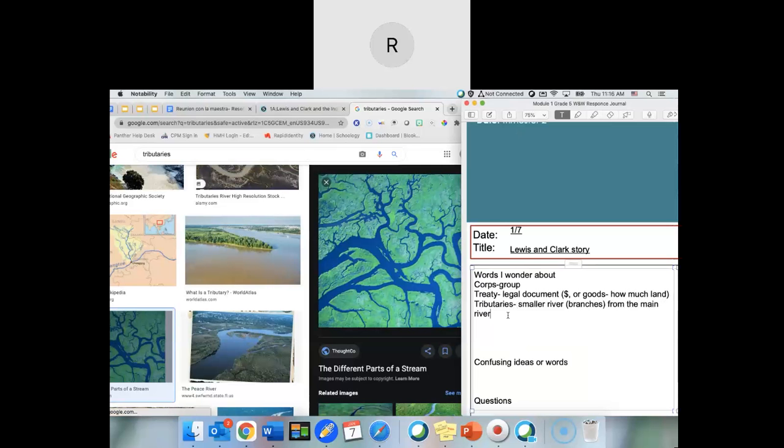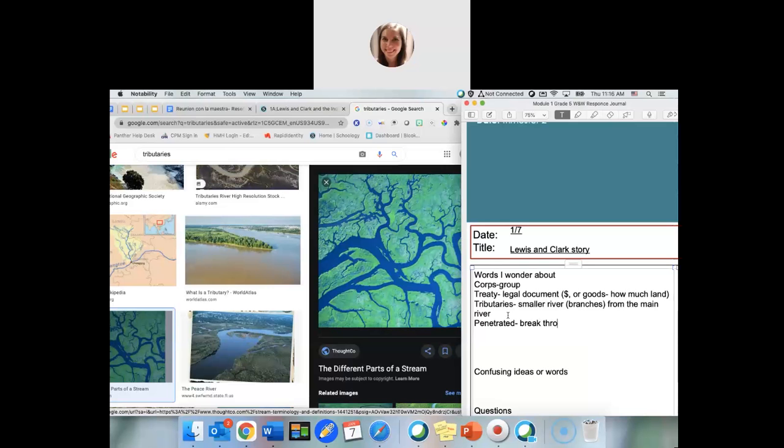The tributaries are the little itty bitty streams and rivers that go off of it. So they are smaller rivers, and it kind of looks like a tree. I'm going to call them branches from the main river.